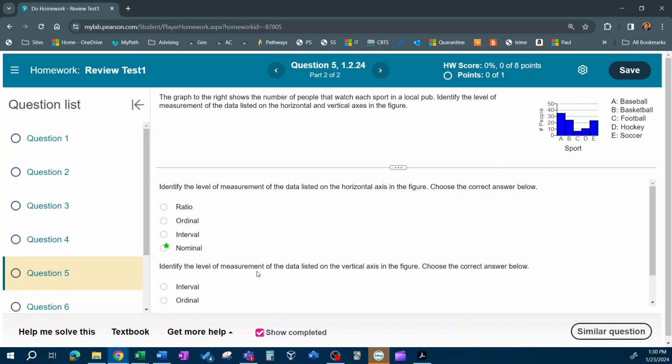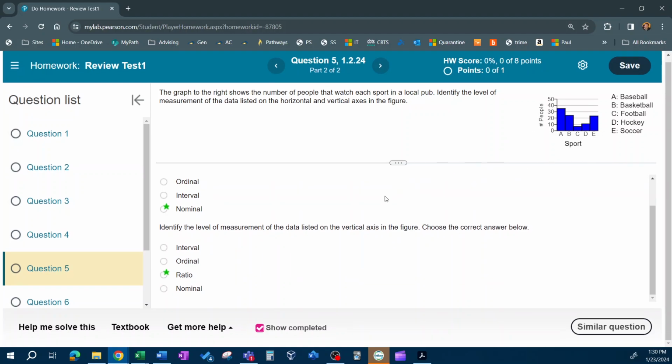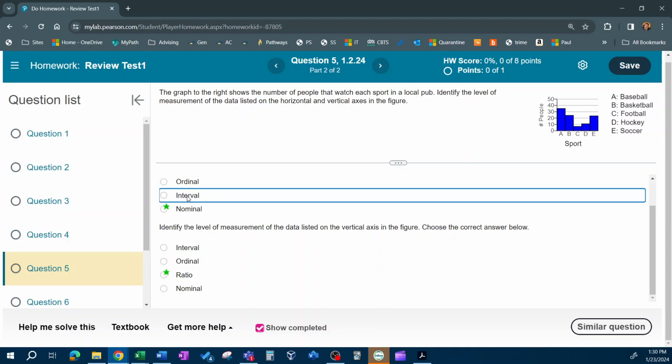Okay? And then on the vertical axis, which is here, it's the number of people. Okay, the number of people. And when you have a zero there, that means there's no people. So that's an inherent zero. So that's ratio data. All right, that's ratio data. I think what I said in the video and want to repeat now, interval data is typically temperature.